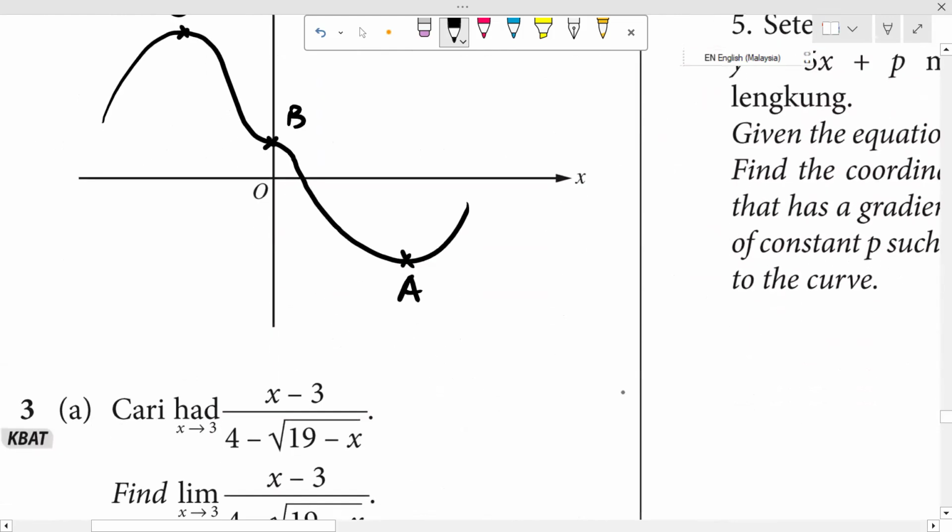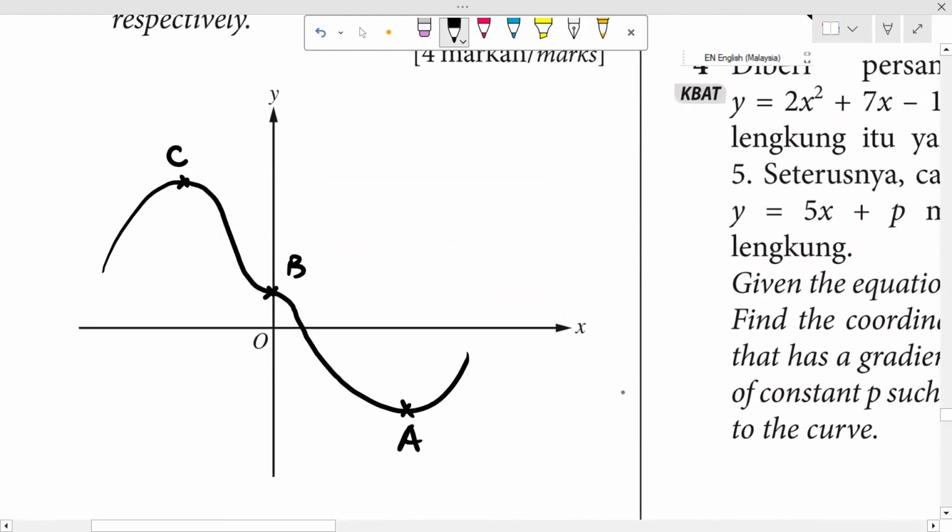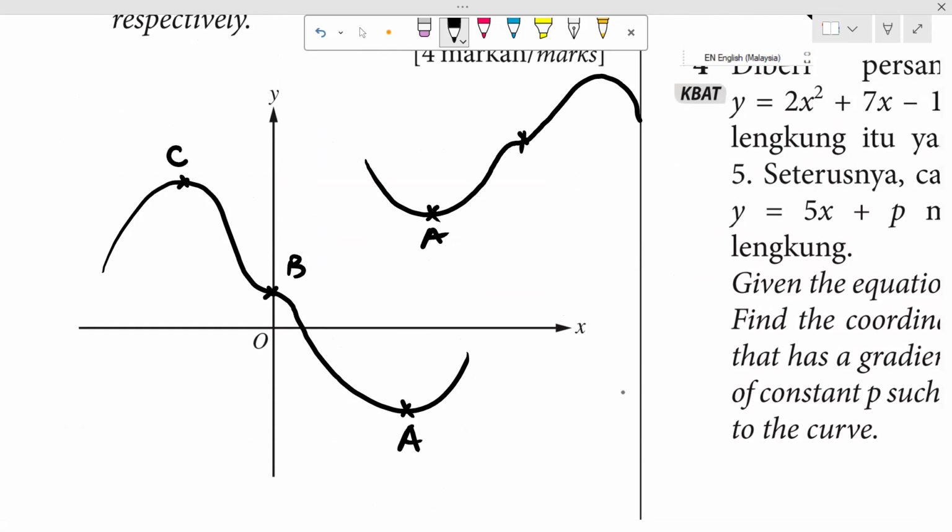You can sketch such that, like this. And then you have an inflection point, and then you go like that. So this is your point A. This is your point B, inflection point. And this is your point C. Okay, maximum point.